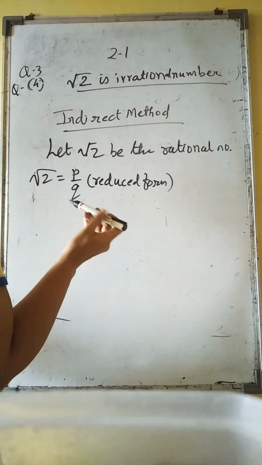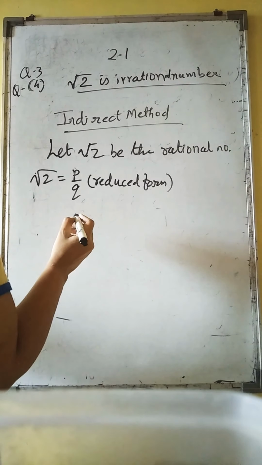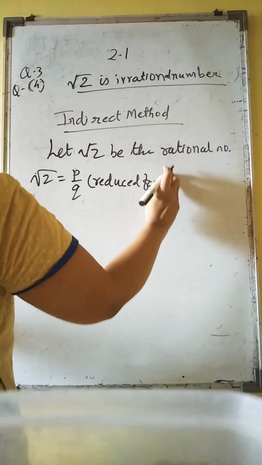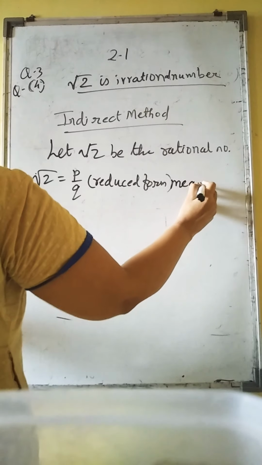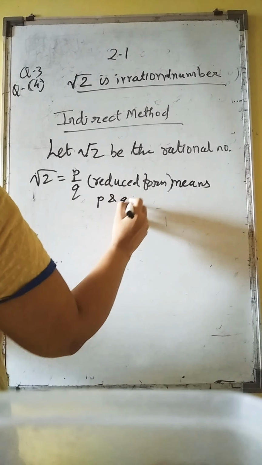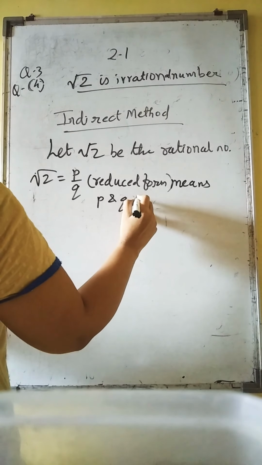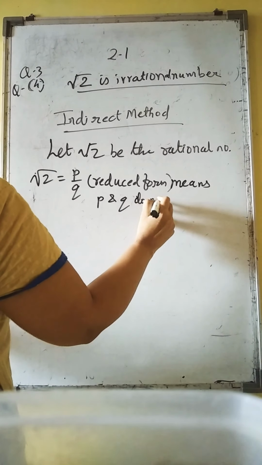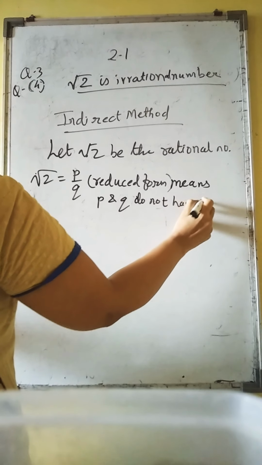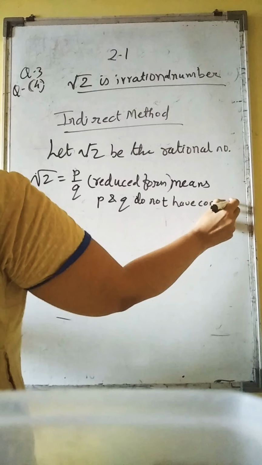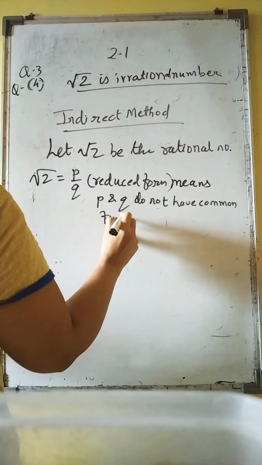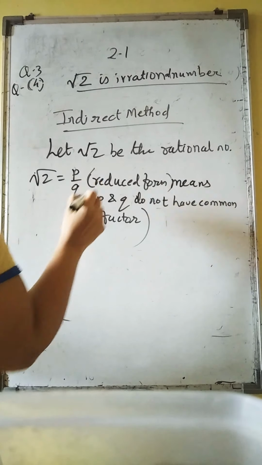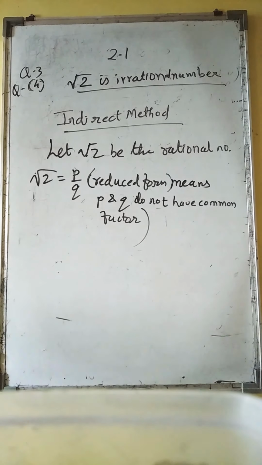So they don't have any common factor, means P and Q do not have common factor. If there is a common factor, it would cancel, no? Okay, so this is what I am assuming.